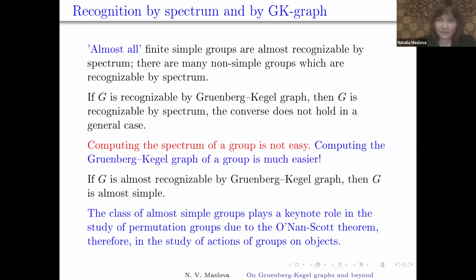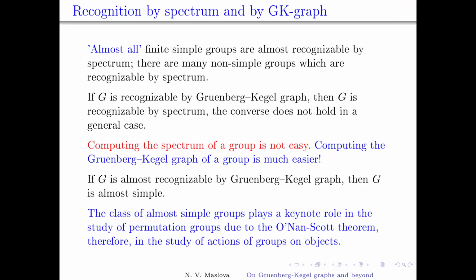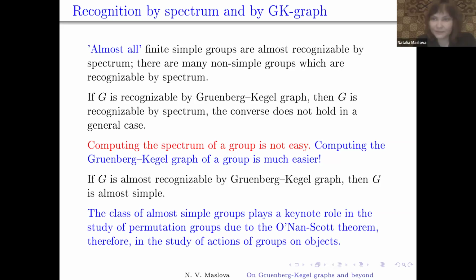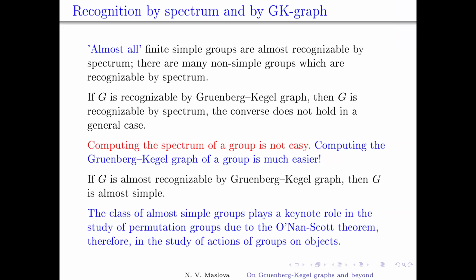What is the main idea of all this situation? Almost all finite simple groups are almost recognizable by spectrum, and there are many non-simple groups which are recognizable. And if a group is recognizable by Gruenberg-Kegel graph, then the group is recognizable by spectrum. However, computing the spectrum of a group is not easy. Is it obvious from the definition that if it's recognized by the graph, then it's recognized by spectrum?